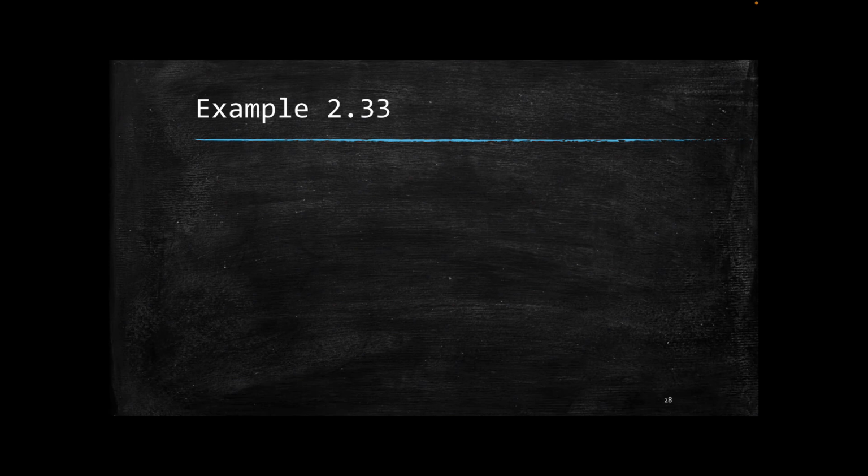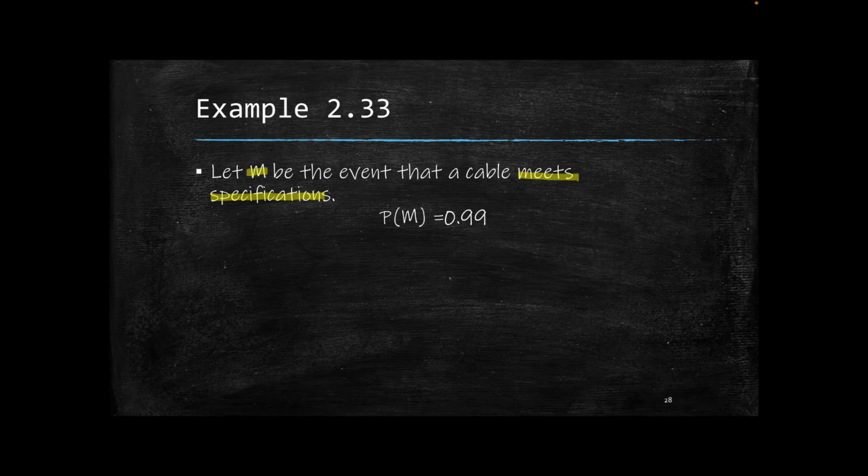So to start solving the questions, we let M be the event that the cable meets specification. So P(M) equals 0.99. It is given in the question.